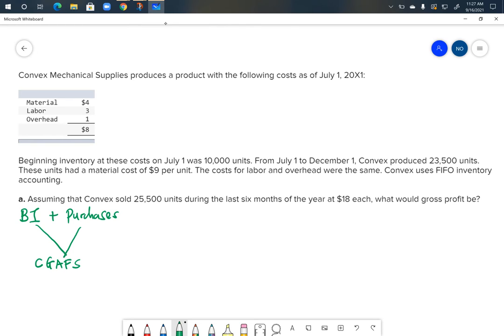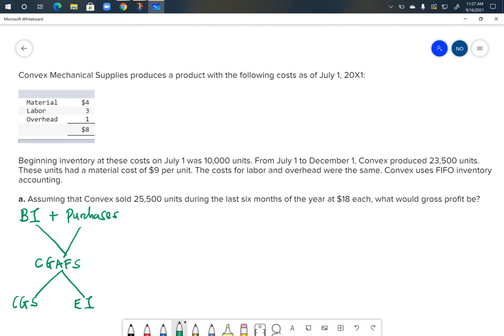This is what is available from which the company can sell units. If they end up selling some of the units, it becomes cost of goods sold. And therefore, what is remaining goes into the ending inventory account.